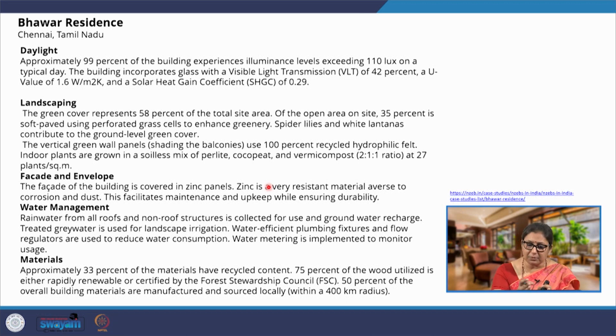I will probably not need to explain all the case studies, because the points, the strategies are going to remain the same. So, if you look at the strategies here, daylighting, which is what we have seen in the previous one, all the areas are daylit for almost entire day. 99% of the times the illuminance levels are exceeding 110 lux, which implies that none of the habitable areas in this residence will require artificial lighting during the day, which is a significant cut down on the energy requirement.